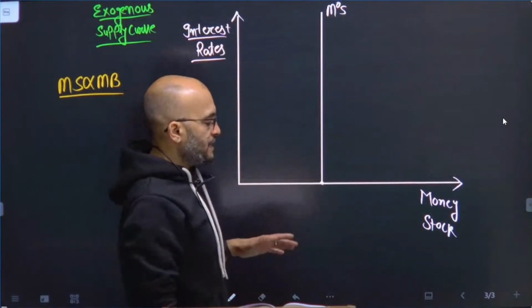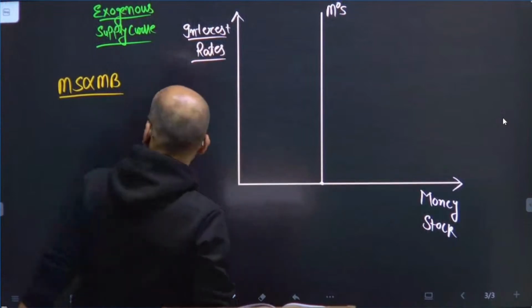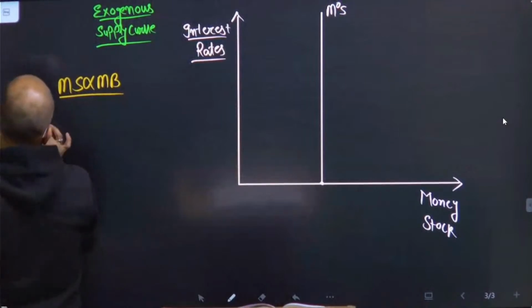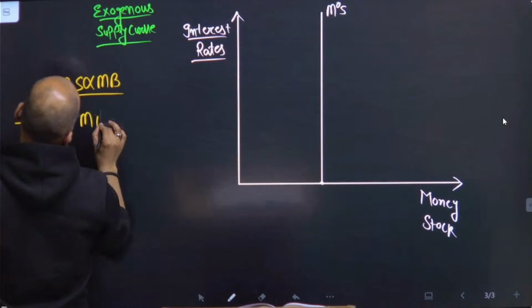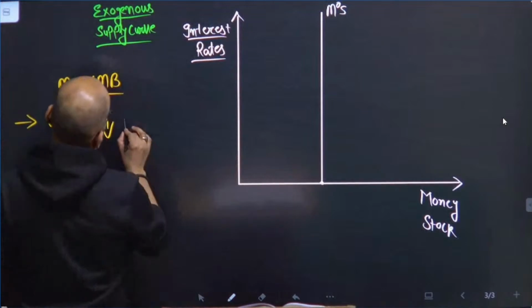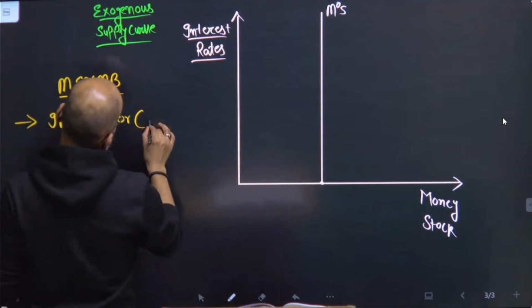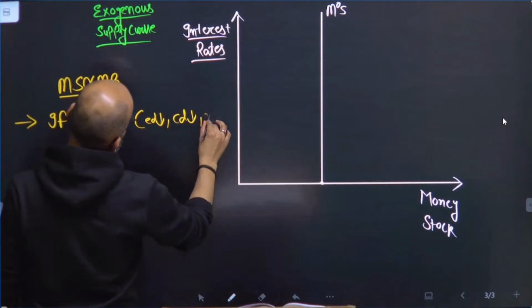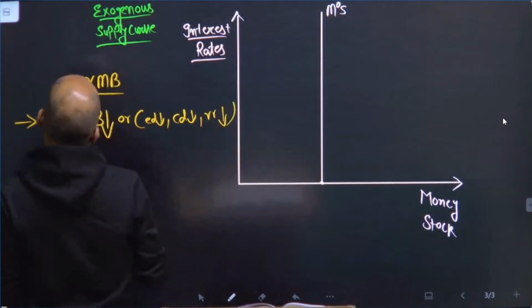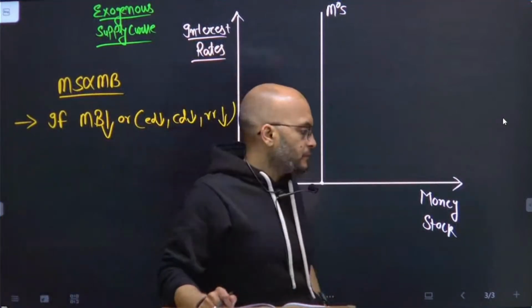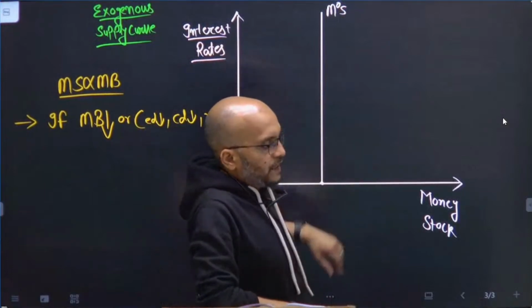Now pay attention, guys. I want you to tell me that now if monetary base is decreased or ED, CD, RR is decreased, then what will happen to this money supply curve? Think and tell.